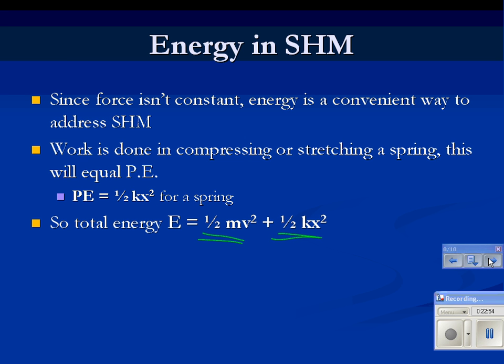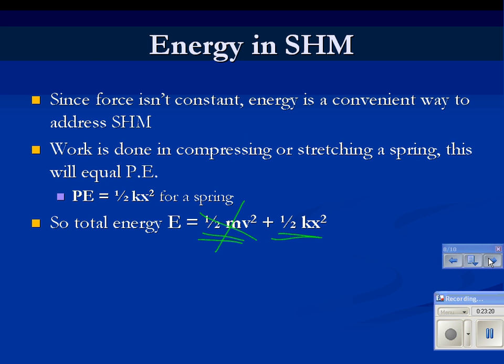Now, we have two situations where this simplifies itself a little bit. When the displacement is maximum, when I'm at the amplitude, what's the velocity of the object? When it's all the way out, what's the velocity? 0. So it has no kinetic energy. At that point, the total energy is just the potential energy.